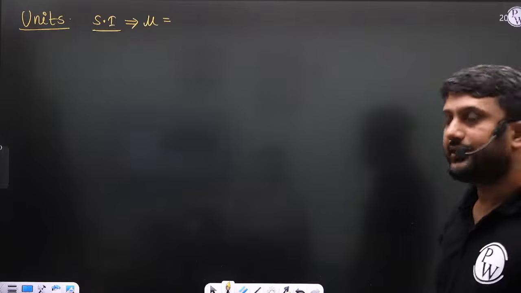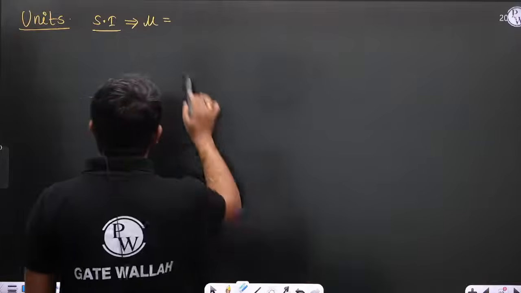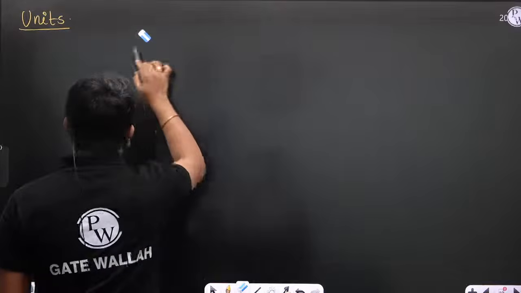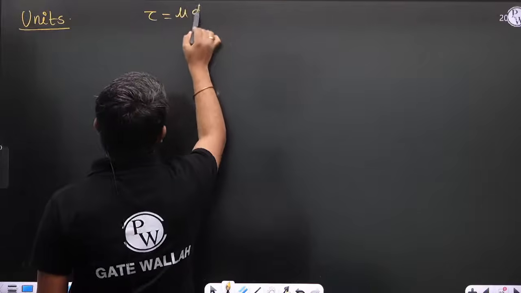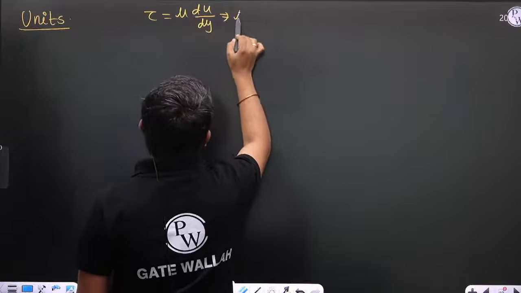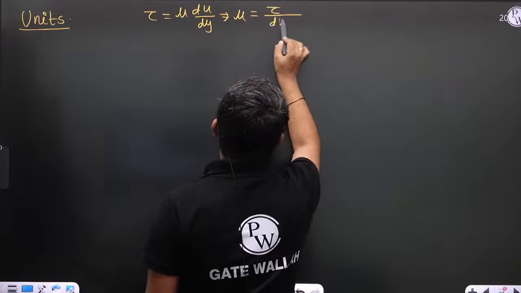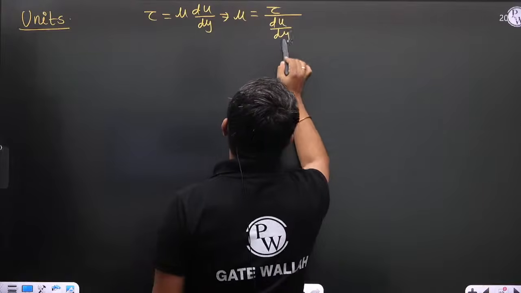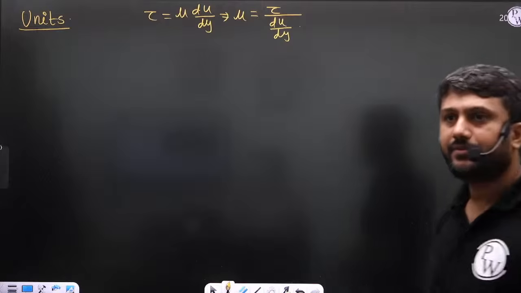Okay, so tau is equal to mu du by dy. So we can say mu is equal to tau by du by dy.